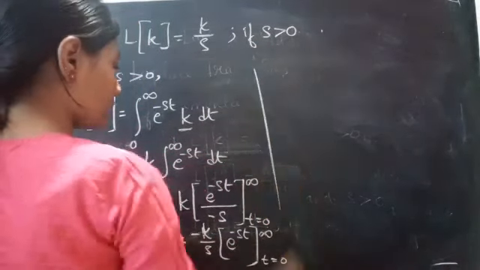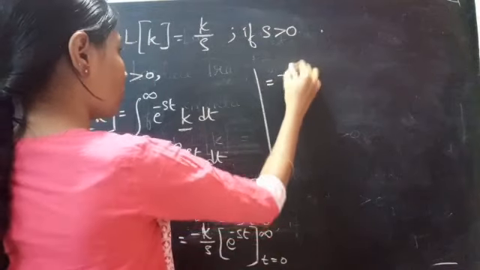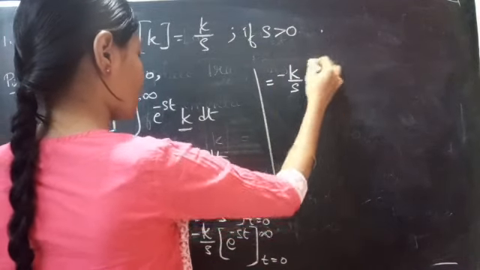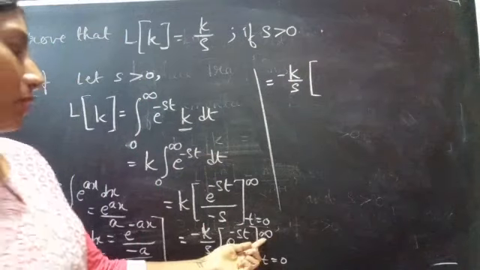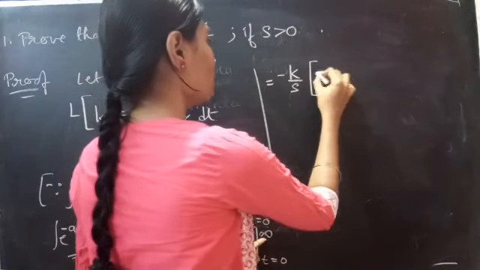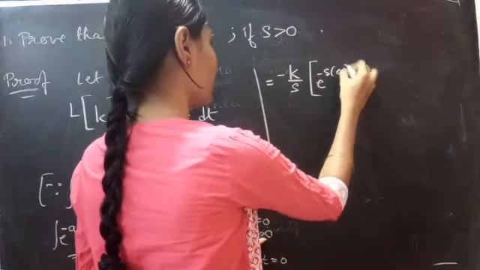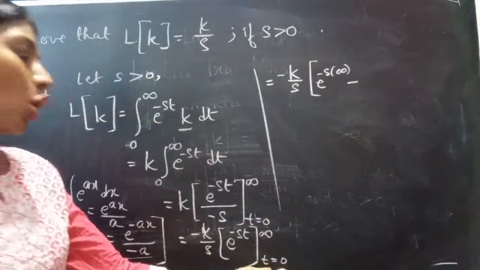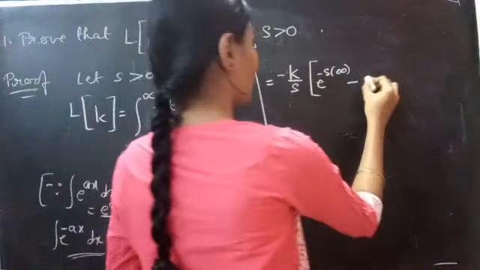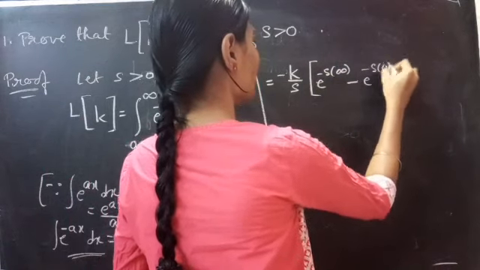So this equals minus k by s into, now apply the upper limit, infinity: e power minus s into infinity, minus, now apply the lower limit, which is 0: e power minus s into 0.